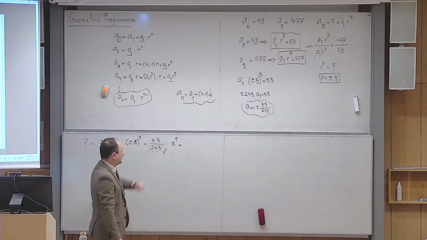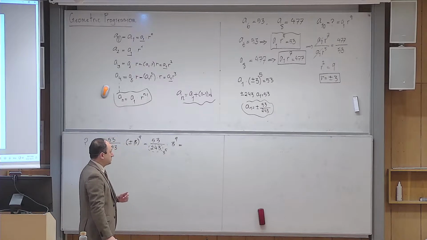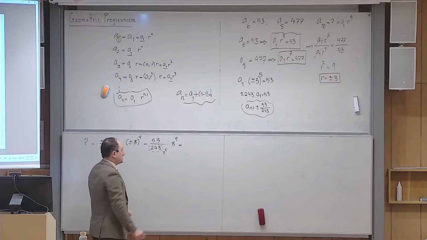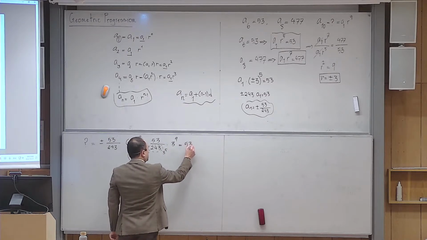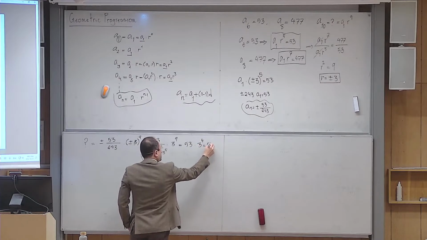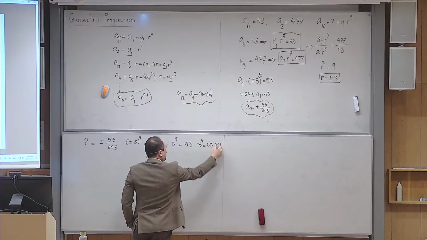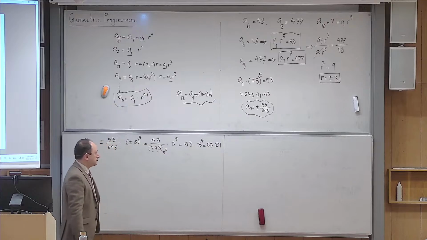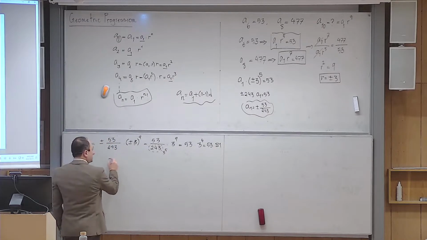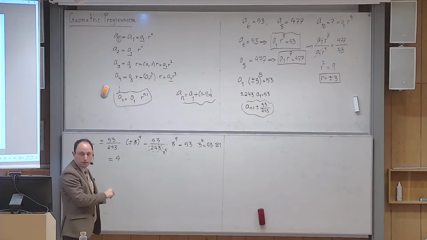So this is clearly 3 to power 5. Make it a little bit simpler. 3 to power 9 divided by 3 to power 5 is 3 to power 4. And 3 to power 4 is 81. Now it is reasonable, I think. Yes, yes. If you multiply these two numbers, you will get 4293.